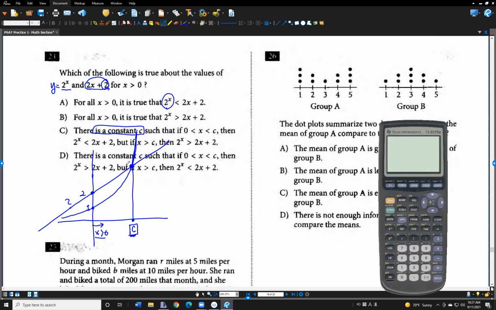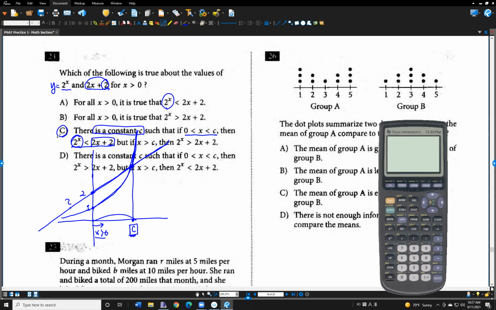If in this case, between 0 and C, which one is correct? The line is higher than this one. This is the line. This is the exponential. After this, the exponential is greater than the line, right? Before, the line is greater than this one. So choice C is the answer, okay?